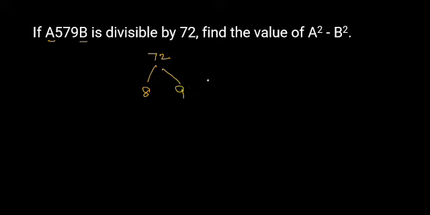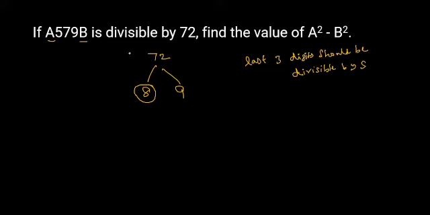Now what you have to do is, first we try to fix this value according to 8. 8 means the last 3 digits should be divisible by 8. Okay, now what are the last 3 digits? 7, 9 and B. Now I substitute 8 here.